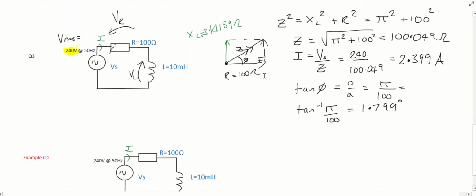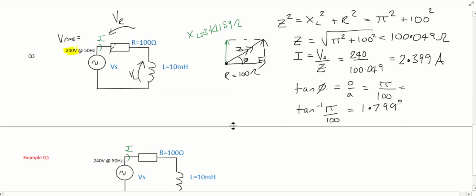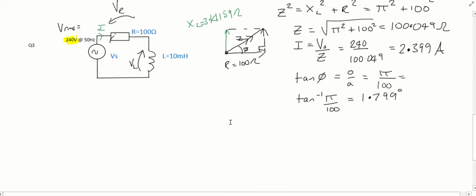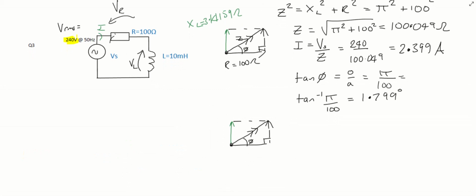We can take this diagram and copy it down to here. Before we do that, insert space, right. Copy down here. This time we know we are dealing with a voltage phasor, so VS is going to be 240 volts. Let's make this diagram a bit bigger.